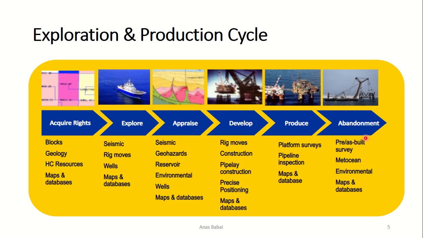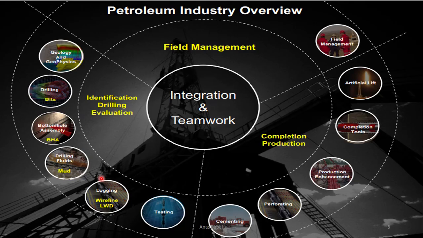Like we remove any type of environmental contamination, any equipment, any tools, whatever we can remove, we will remove it, and we kill the wells and cement them and isolate them from the surroundings. This is a bigger picture for the oil industry.